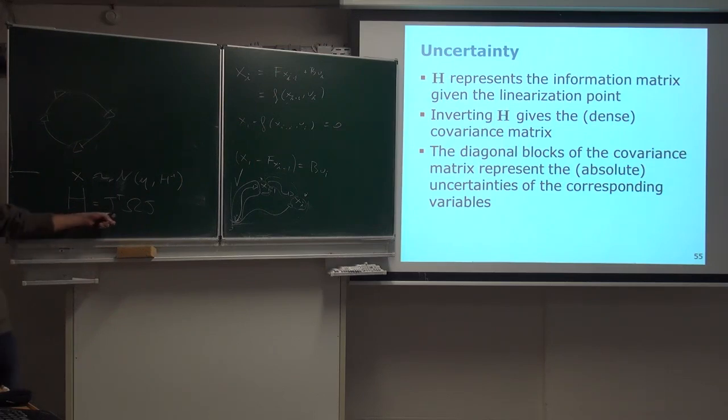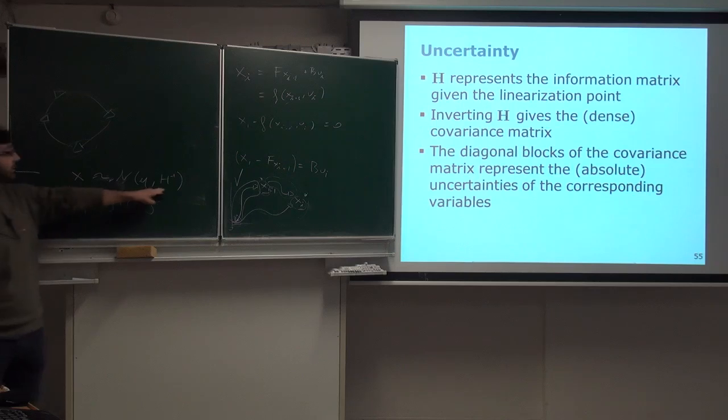Because we need to compute the Jacobians, we need values for computing them. That's how our distribution looks. This gives us a value for the mean and a value for the uncertainty.